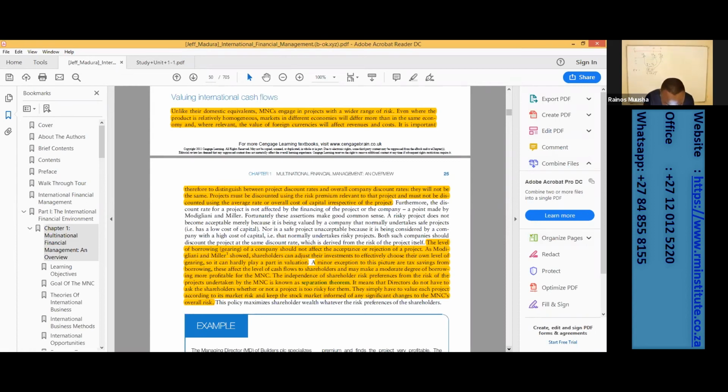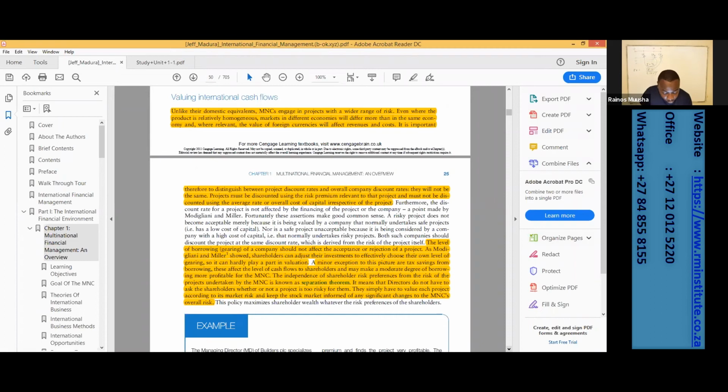Which means that the choice of the level of debt financing, when you look at Modigliani and Miller, they are basically saying it is not necessarily going to affect your financing decision, mainly because they can choose their own level of gearing, depending on the sweet spot where the cost of capital is at its lowest level and the value of the firm is at its maximum level.